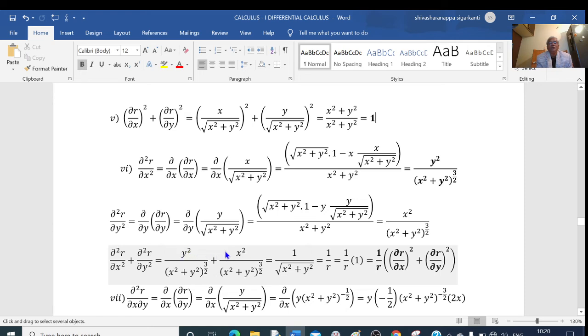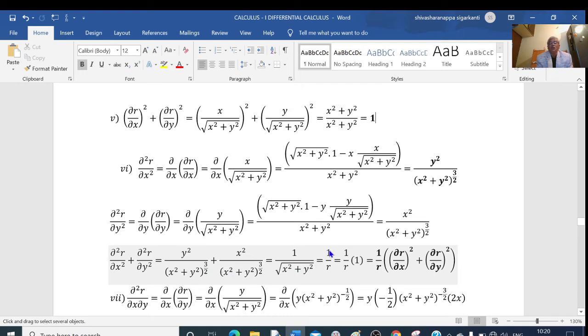Numerator is x² + y², denominator is (x² + y²)^(3/2), so one term of x² + y² gets cancelled. So the root term remains in the denominator, that is √(x² + y²).